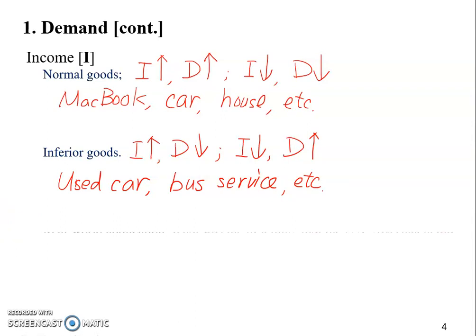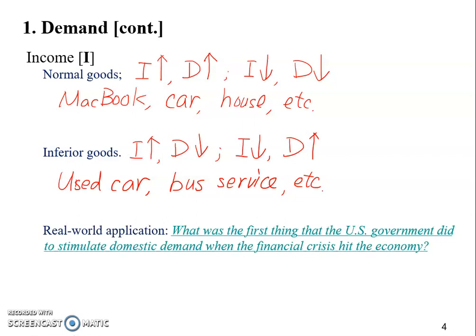All right. Now here, let's take a look at this example. Okay, what was the first thing that the U.S. government did to stimulate domestic demand when financial crisis hit the economy? Now you can definitely Google this, but what the U.S. government did as the very first thing back in 2007.